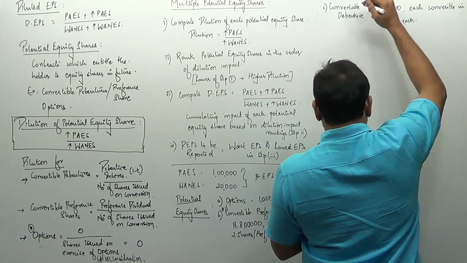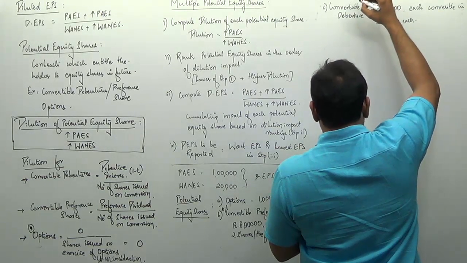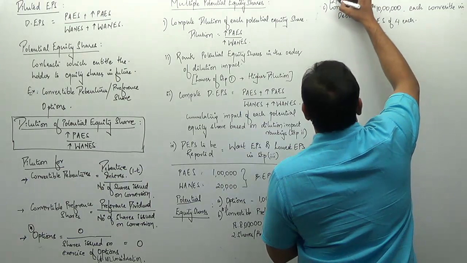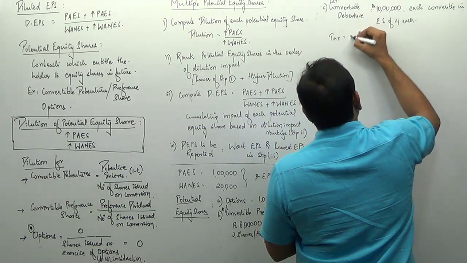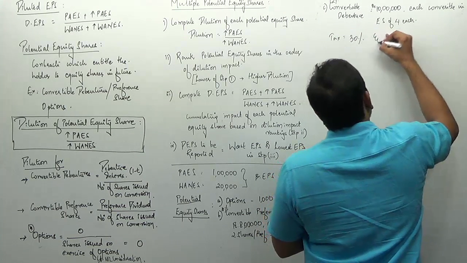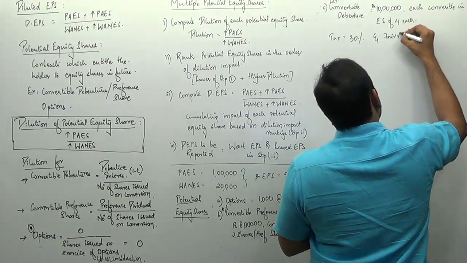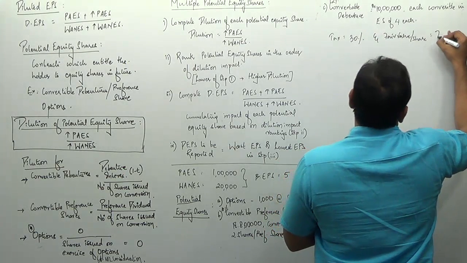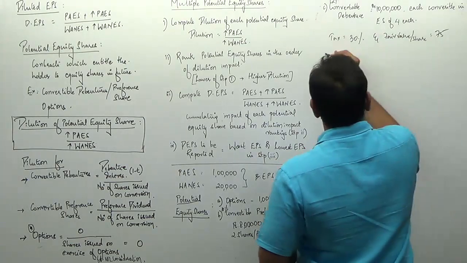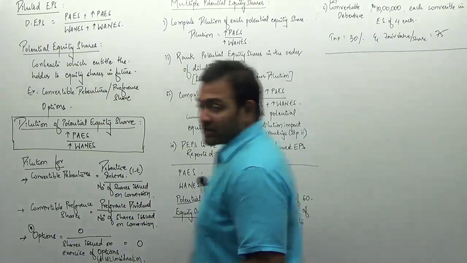And these debentures were carrying an interest of, let's say, about 12%. If I say the taxation percentage is 30%, and the fair value per share is 75. Let's deal with this question now.